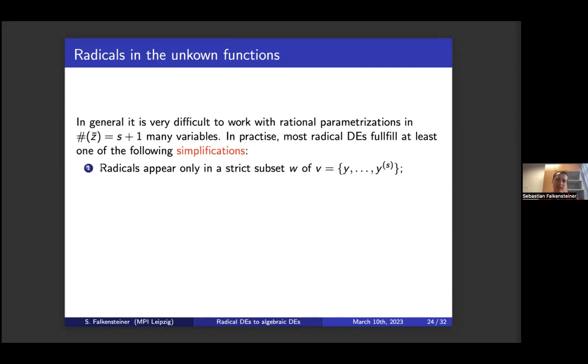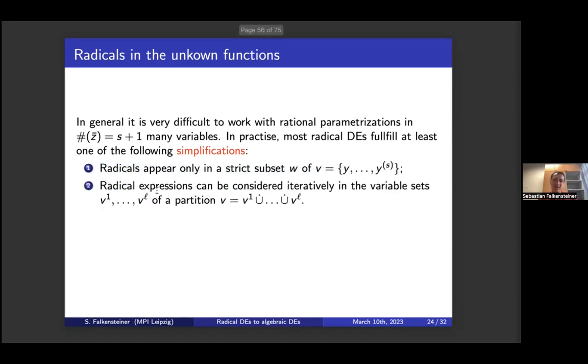So the radicals in most cases do not appear in all of the derivatives of y. So in most cases it's just a subset of the variables. Or at least it is the case that we can find a partition of the variables where the radicals appear.